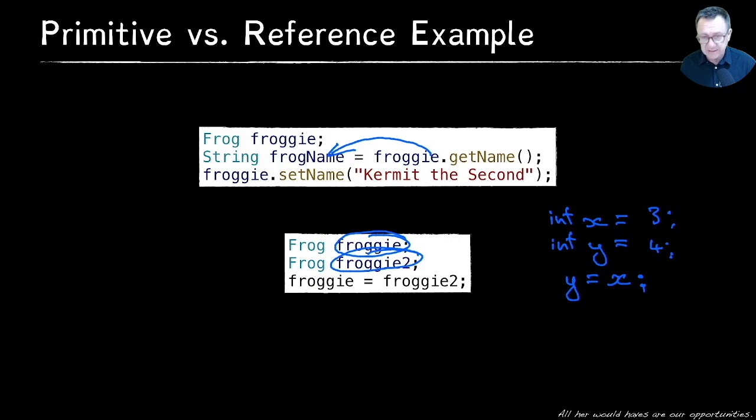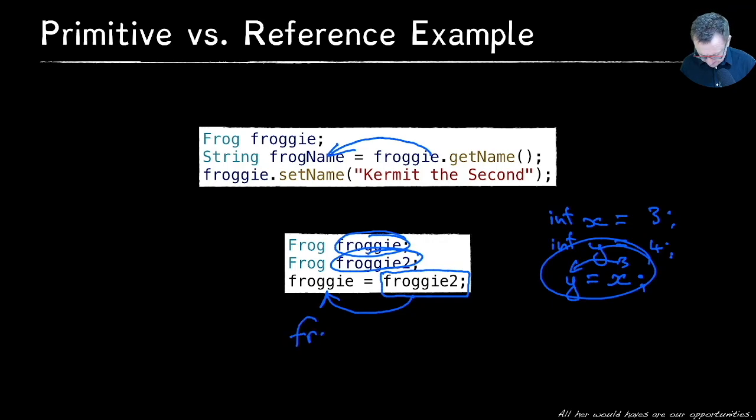What would happen in this case is the value of 3 would be assigned to y. And when people do this with objects, they think the same thing happens. So we've got froggy2, and we say that's assigned to froggy, and we think like this has happened, but it hasn't.